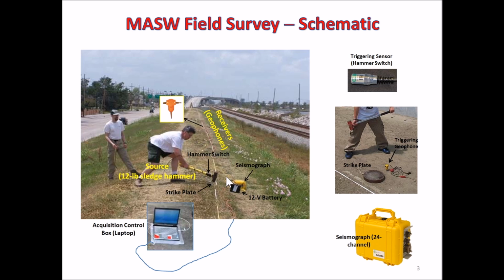Each geophone's vibration history will be transmitted as an analog signal into this seismograph, and then converted into digital data and transmitted into this field laptop computer, where all those 24 sets of digital data will be saved as one file, which is commonly called one MASW file or one MASW field record.